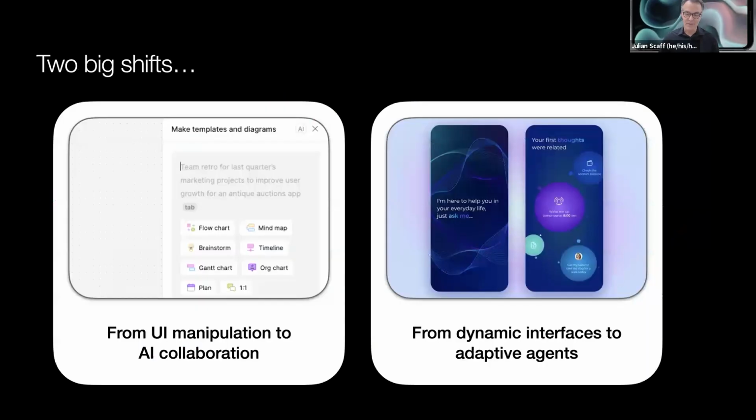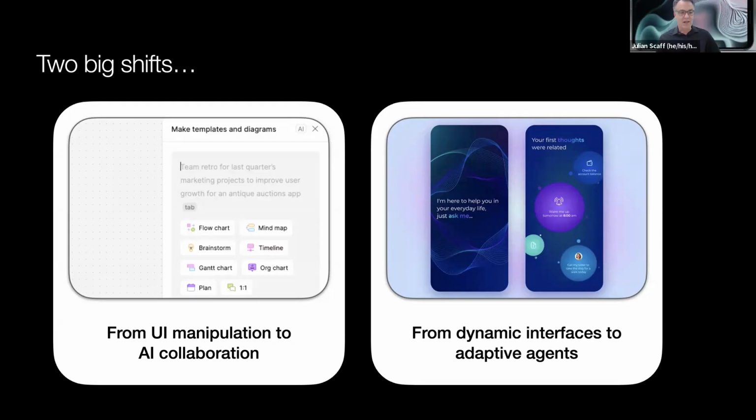So two of the big shifts I think that are happening is that UX design is shifting from manual manipulation of interfaces to active collaboration with AI. And so before, you were designing UIs basically for people to go in and click on buttons or manipulate data in other ways to basically operate the interface.